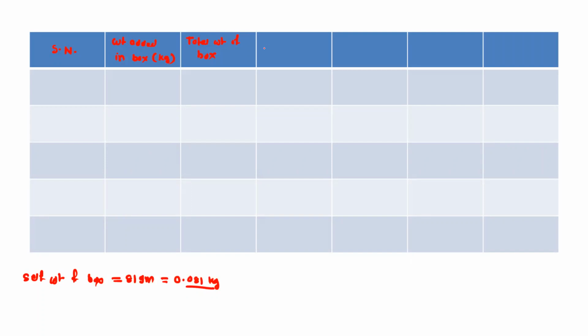The next is weight in the pan. You can take this in kg or in grams. Then total weight in the pan. Total weight means we have to consider the self weight of the pan.